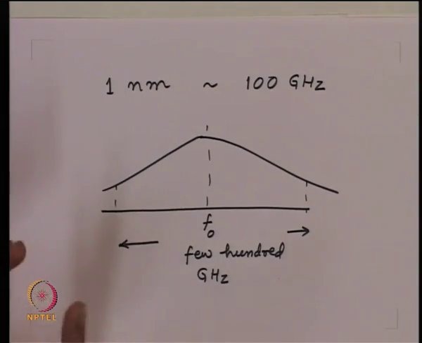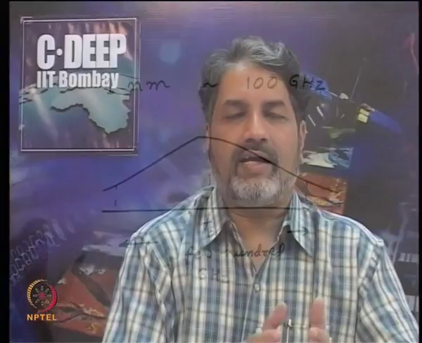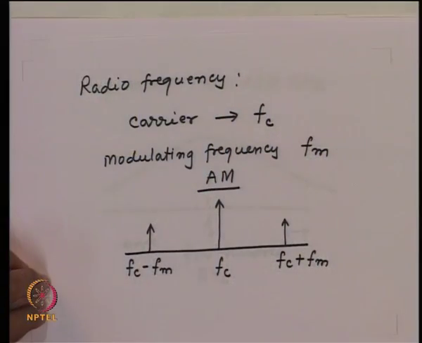So, now there is a fundamental difference between the way the optical carriers are modulated and the radio carriers are modulated. In the radio, the spectral width of the carrier is negligibly small compared to this frequency, which is fm.